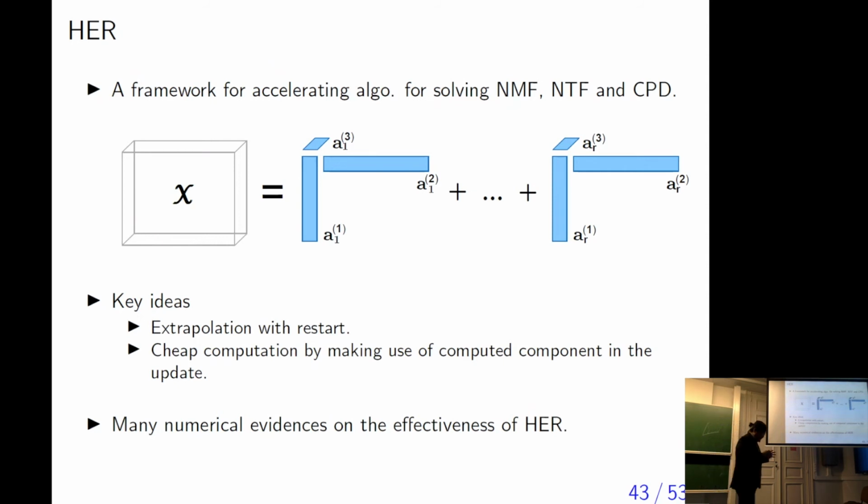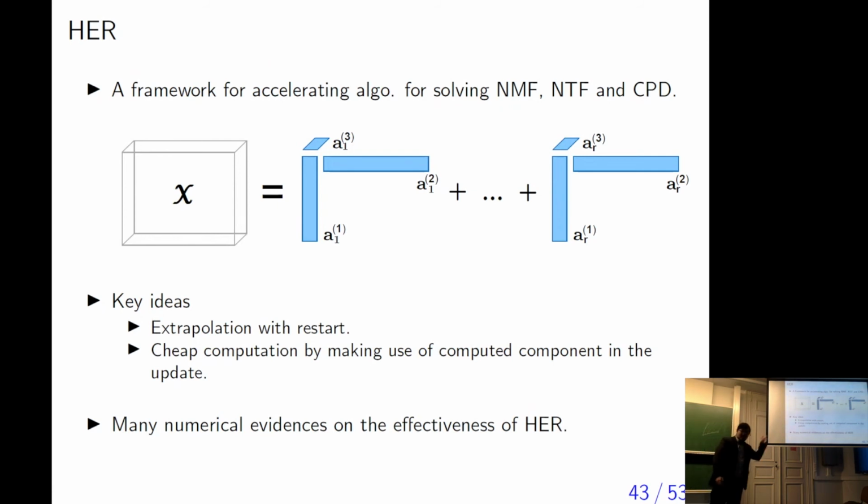And the key idea in the algorithm is very simple: no matter what happens, you just extrapolate. Because extrapolation sometimes gives you a good thing, sometimes a bad thing. But when the extrapolation gives you a bad thing, then you just abandon it. Then you may wonder, if you do extrapolation regardless of the situation, that may be expensive.